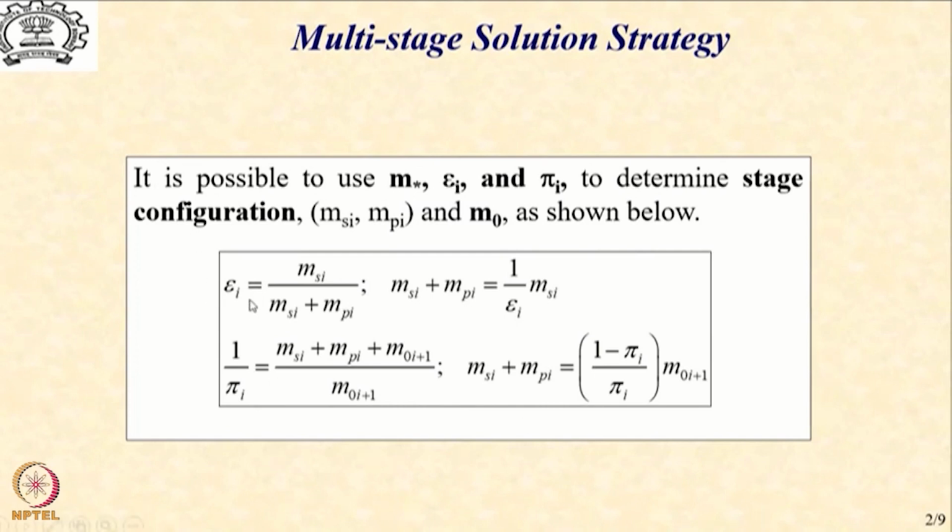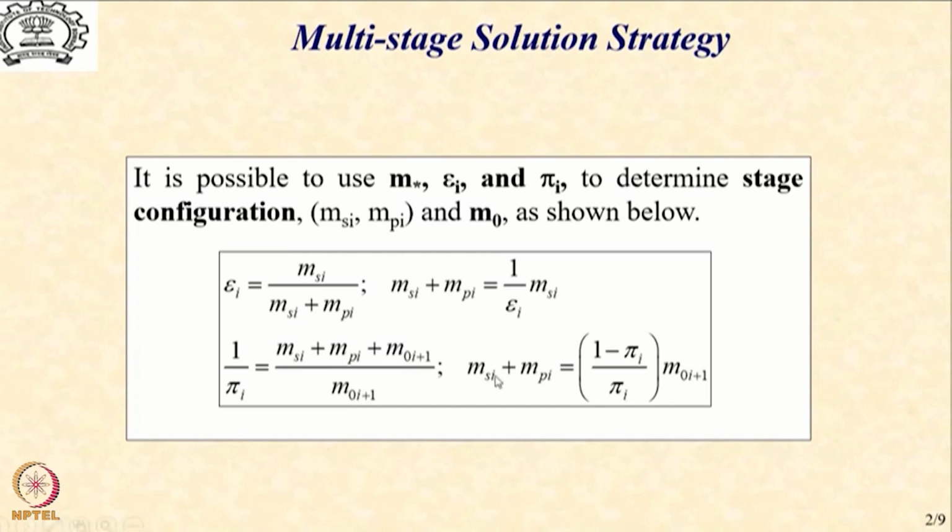So let us first take the expression for epsilon i, which is written as m_si by (m_si plus m_pi). Now let me do a little bit of algebraic jugglery, and that gives me m_si plus m_pi as 1 by epsilon i into m_si. Similarly, I take the expression for pi i, invert it and write it as 1 by pi i as m_si plus m_pi plus m_0,i+1, divided by m_0,i+1.